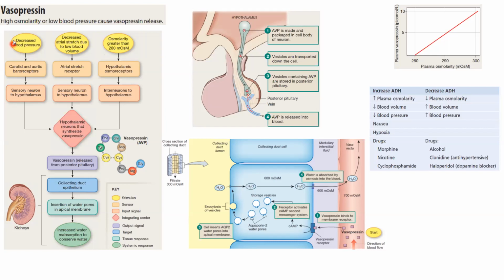Decreased blood pressure, due to any volume loss or whatever. Who brings the signal, who gets disturbed by this? The receptor is carotid and aortic baroreceptors. Remember, we mentioned baroreceptors in the initial diagram as well. The sensory neuron of the hypothalamus picks this up. Hypothalamus then starts making ADH.